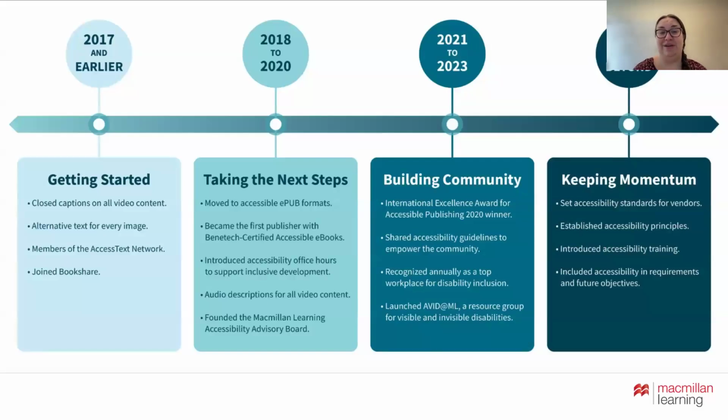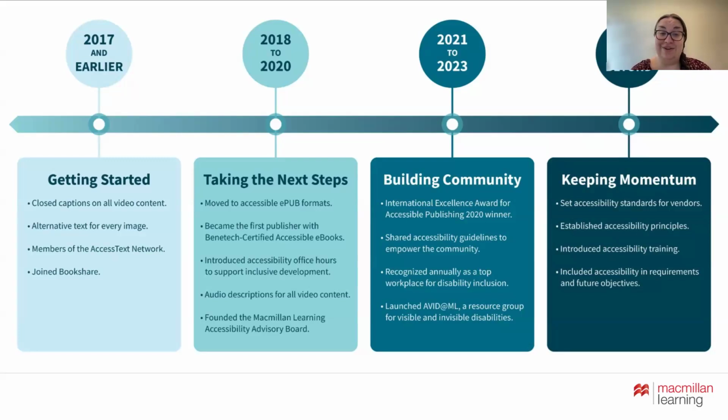So we developed a regular meeting cadence to support team members across the organization and to make sure that they had the answers that they needed to take ownership of their own accessibility responsibilities. And then we also began coordinating meetings with customers so that we could better understand their needs. And we set up our own advisory board, working with people that are in disability services offices, instructors that have disabilities, instructors that are teaching students with disabilities, so that they could tell us more about what their needs were in the classroom and on campus.